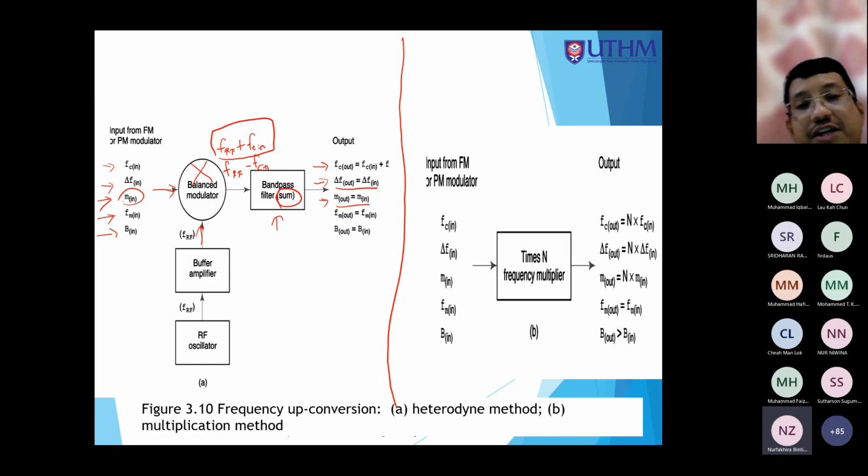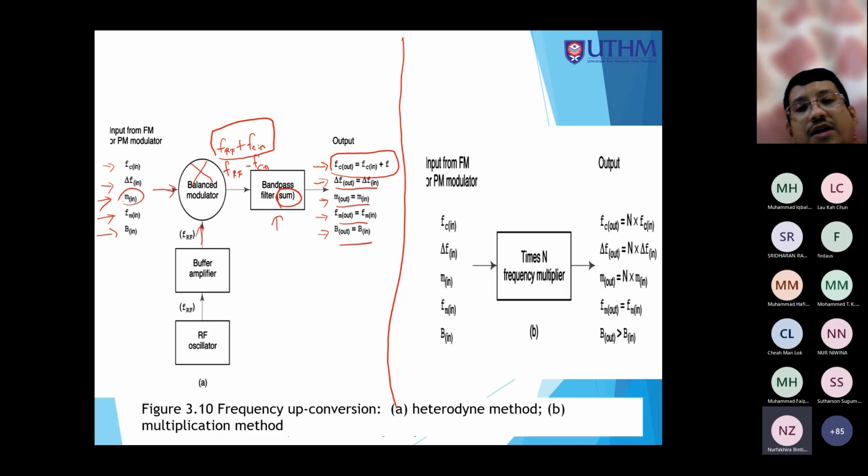The input modulating signal is the same as the output modulating signal. No change in the frequency of the modulating signal, and the bandwidth also remains the same at the output. Only the carrier changes. That means the carrier has been up converted in frequency.